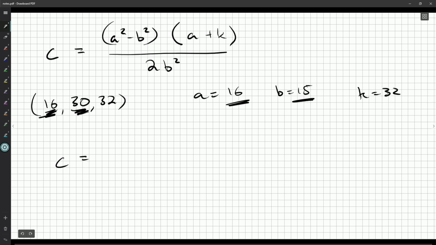This is promising. So 225 minus... Oh, sorry, 256 minus 225. Times 16 plus 32 divided by 2 times 225.